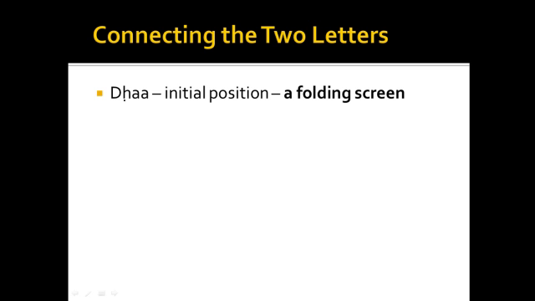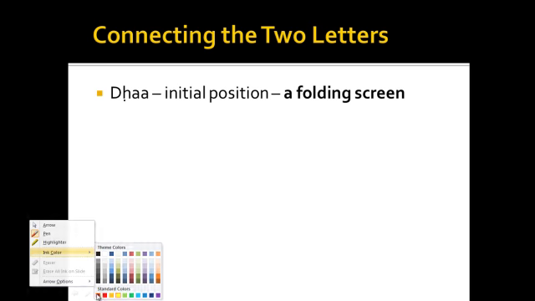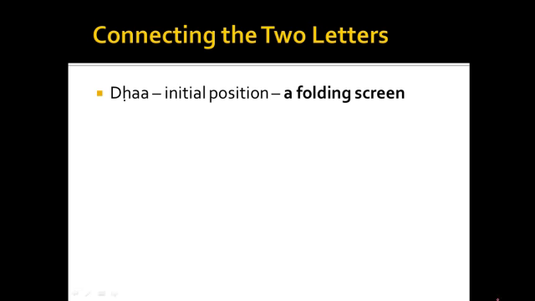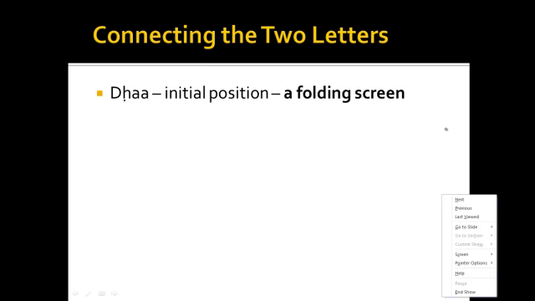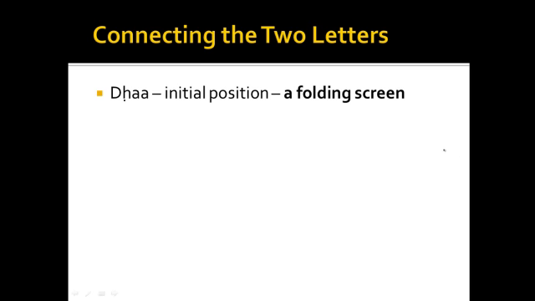Now let's write the Dha in a word. I'm going to change my color back to red. So again, let's review here. We have the Dha in the independent position, looks like this.